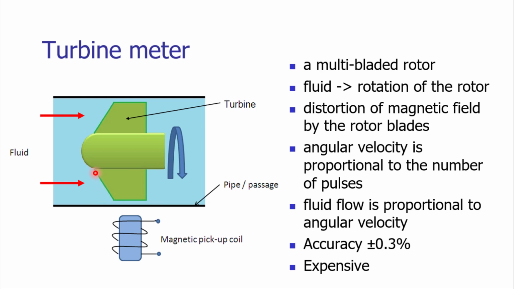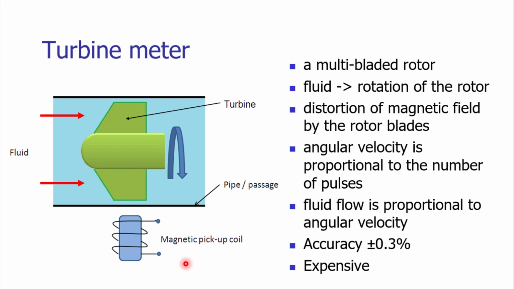When a rotor blade comes in close proximity of the magnetic pickup coil, there is distortion of the magnetic field of the magnetic pickup coil.